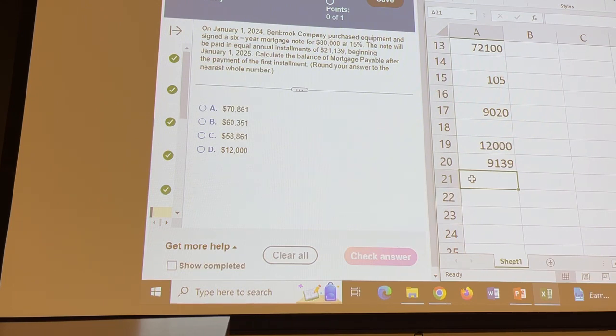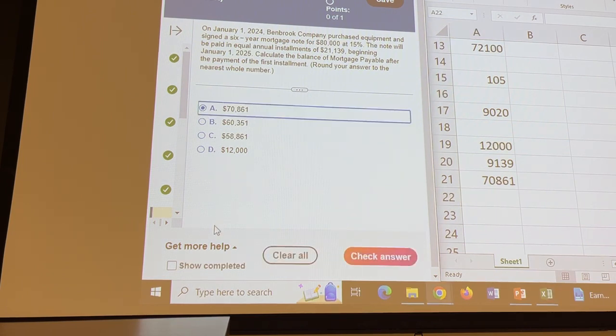So that means that the amount of the mortgage payable after the first payment is going to be $80,000 minus that $9,139 of principal that we just paid off. So that would leave us with a principal balance of $70,861.